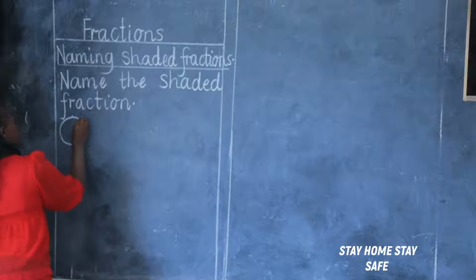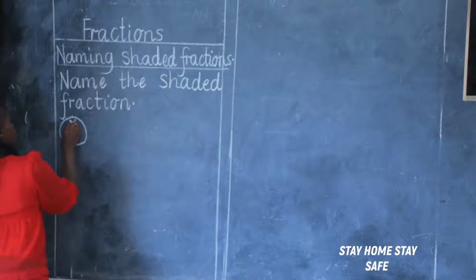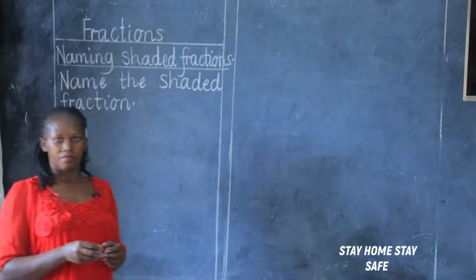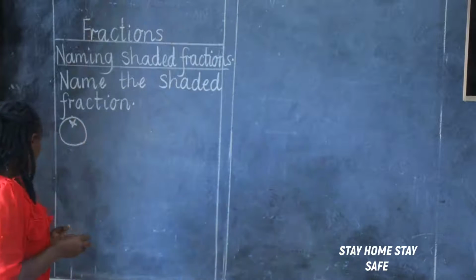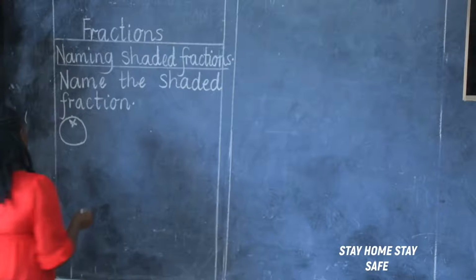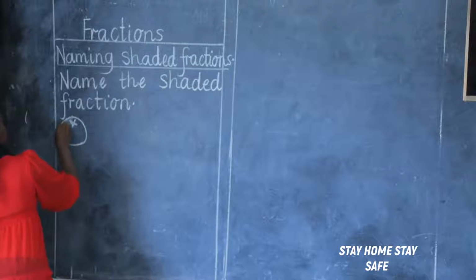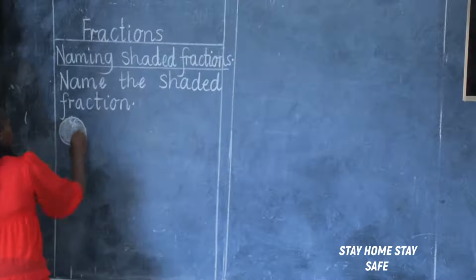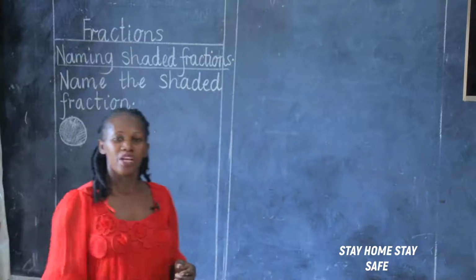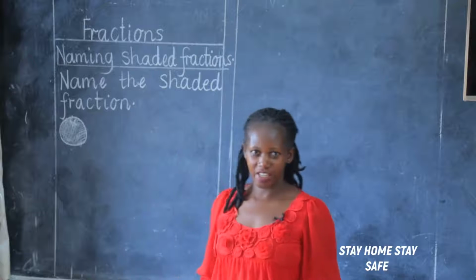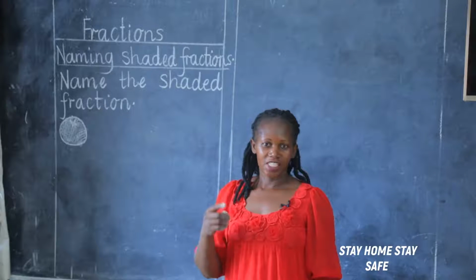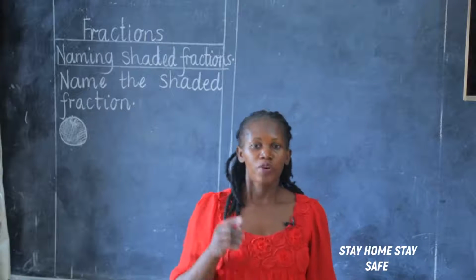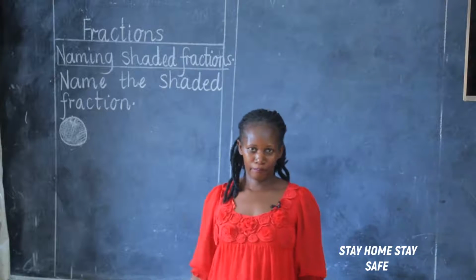Can be a tomato or an orange. Okay? And I'm going to shade. I have finished shading. Now tell me, which fraction have I shaded? If you know that fraction, tell your friend there, which fraction have I shaded?